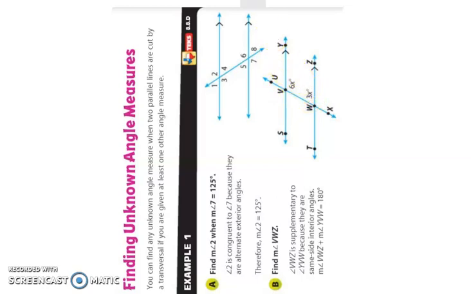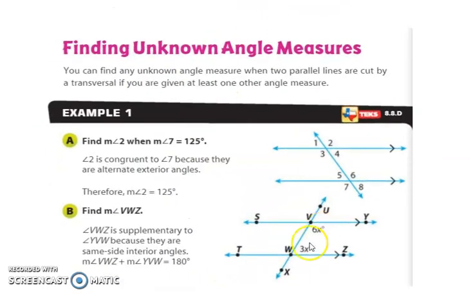So when we come up with 6 times x, we know that that's going to be 120 degrees. We know that an obtuse angle is greater than 90 degrees and that an acute angle is less than 90 degrees. Let's test this theory out. 3 times 20 is going to give me 60. Is that less than 90? Absolutely. So together they will be 180 degrees. Now let's go on to some practice problems.